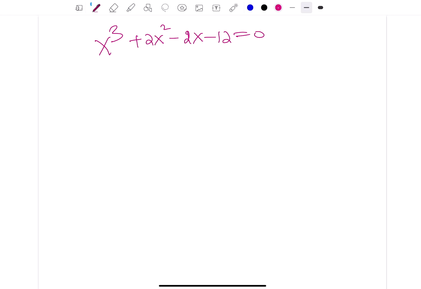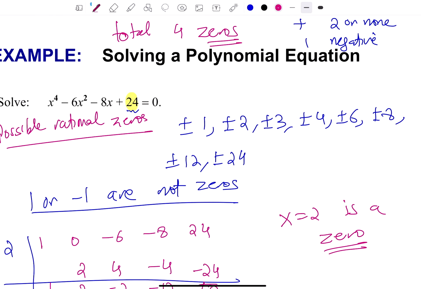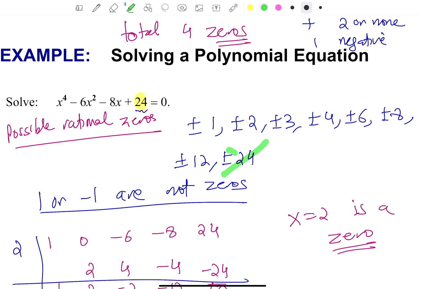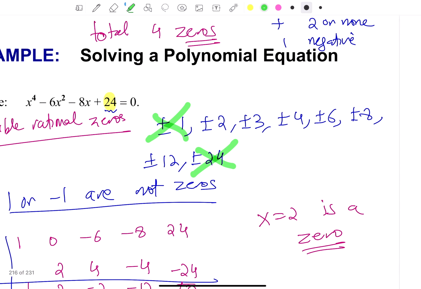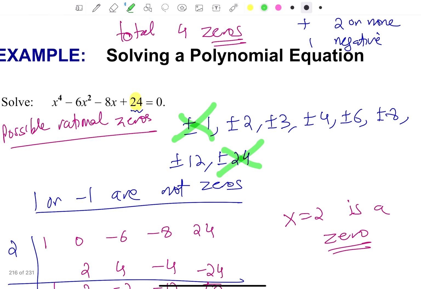Again, I can see 1 and negative 1 are not zeros. If I go back and look at my list, I can eliminate 24 now because for the new polynomial, 24 is not a factor, since my constant term is 12. But any of the other ones can still be the zeros.